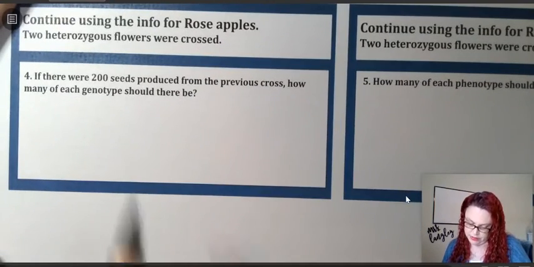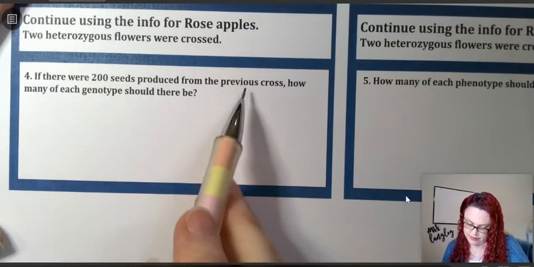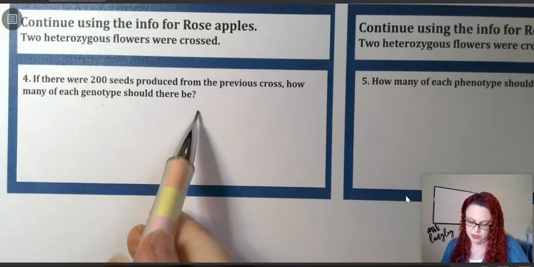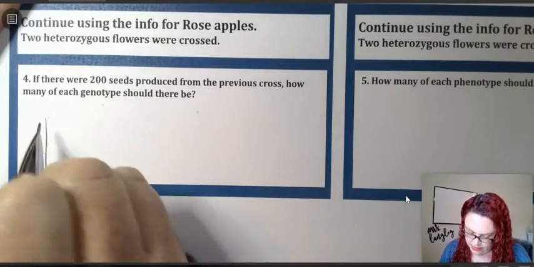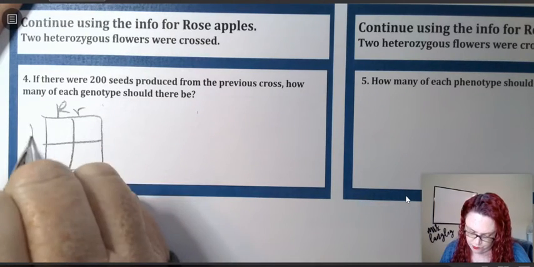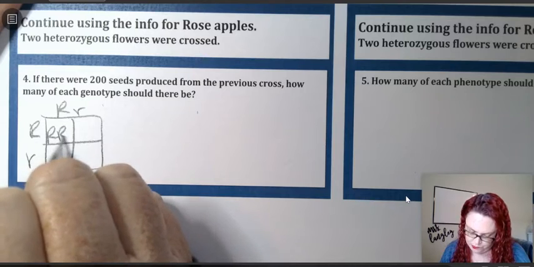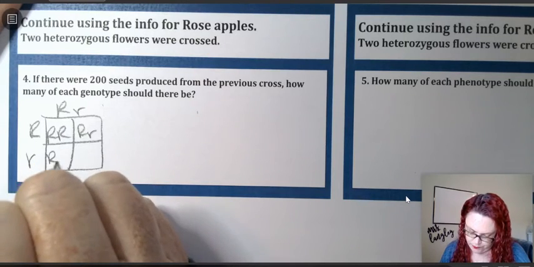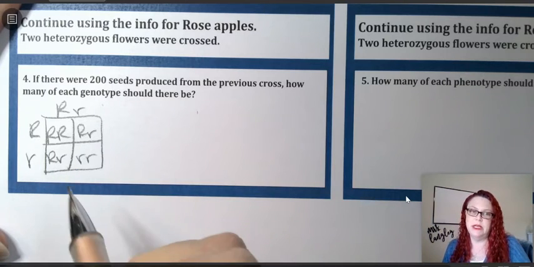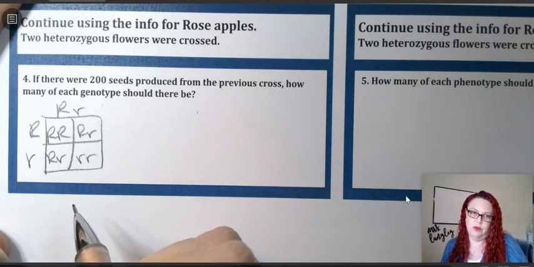Now, if 200 seeds were produced from that cross, how many of each genotype should there be? So let's sketch that cross again really quickly. If I have 200 seeds, I would expect them to be spread evenly among these 4 boxes.